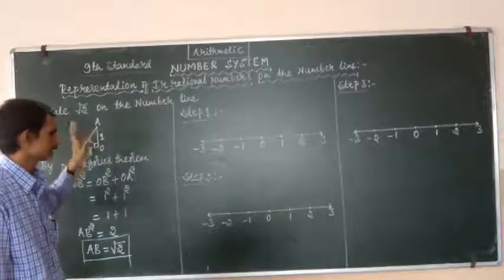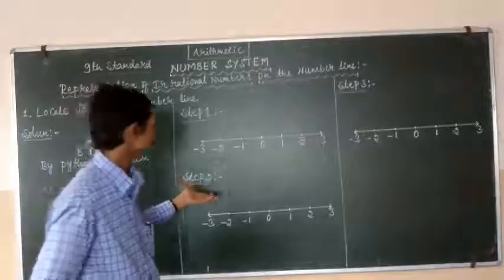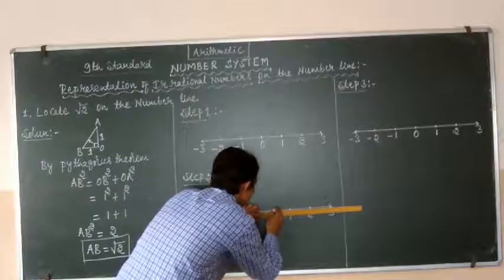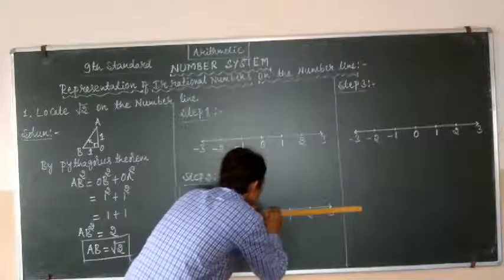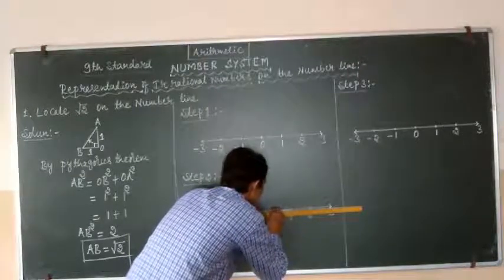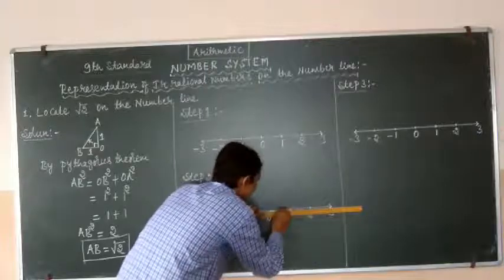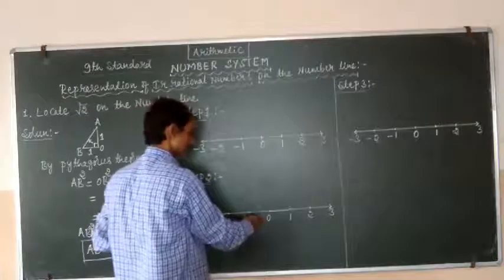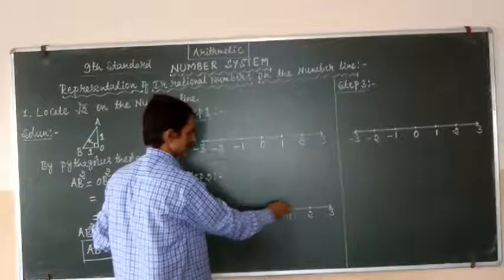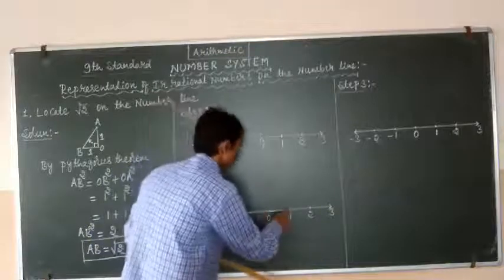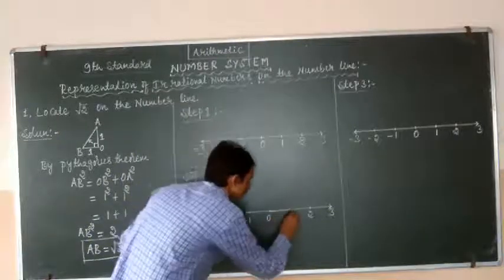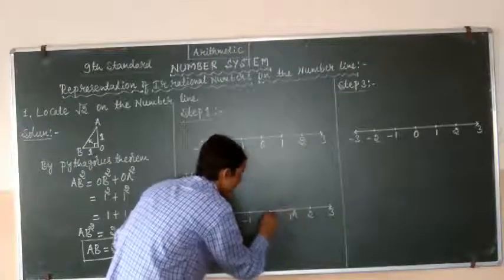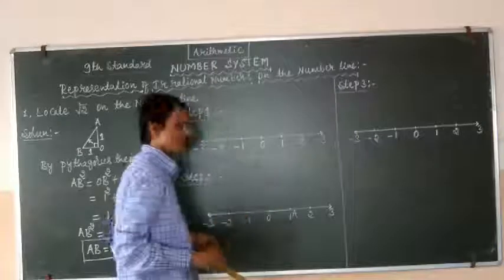Now we have to draw a right angle triangle from O. This will be 0 for the number and O for the alphabets. I have taken 1 here and call this point A, and this point O.